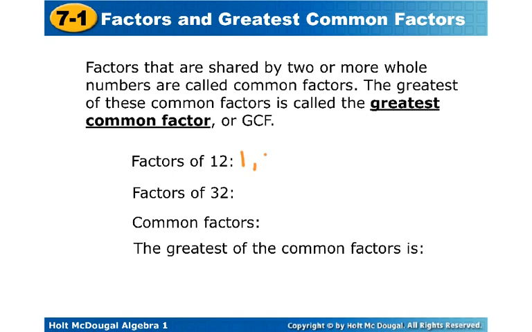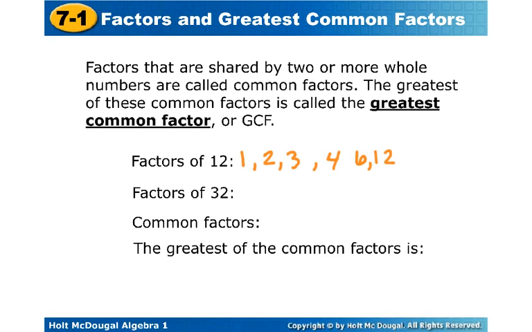And it's nice to list them in numerical order. It kind of helps you out that way. So I'm just going to put 12 all the way out here for now. And then you have 2 and 6. And then you have 3 and 4.